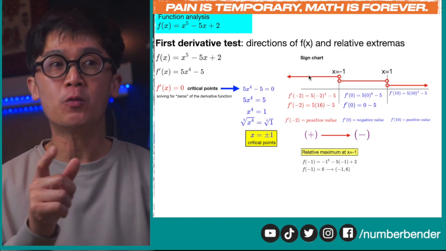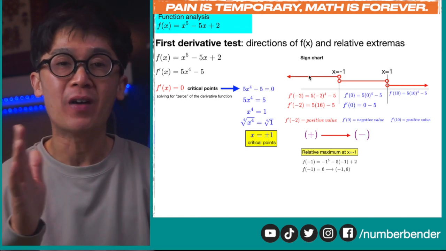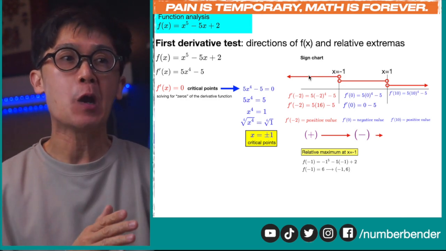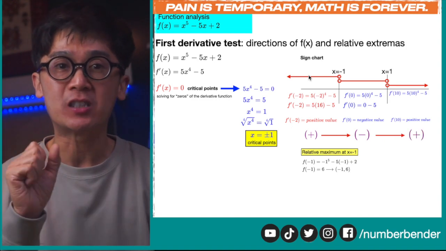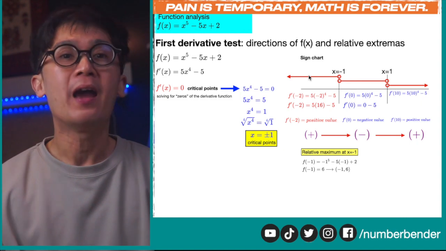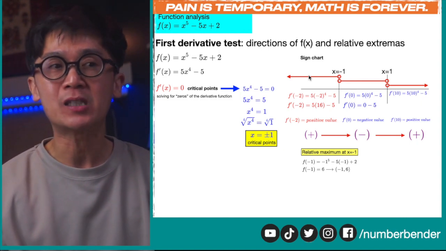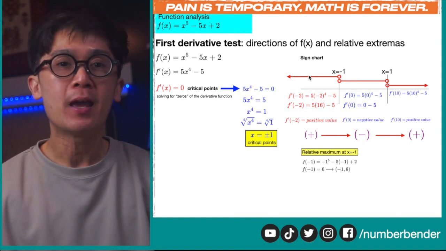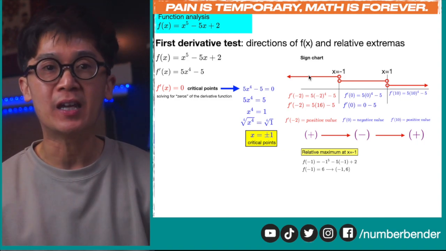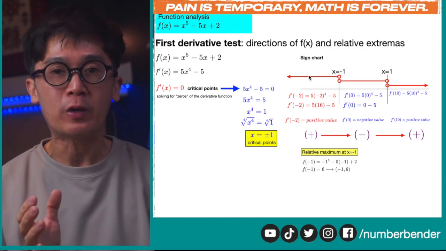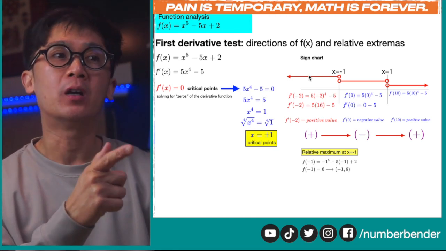And for the second one, we have a change of our slopes from negative slope all the way to positive slope. So since there is a change of the value of your slope, relative extrema exists, and this particular extrema is going to be a relative minimum since you have a negative to positive change of value in your behavior based on our sign chart.